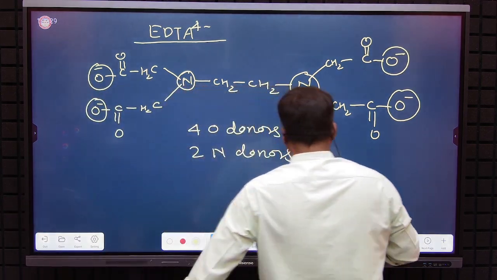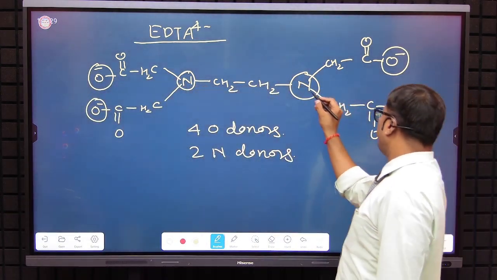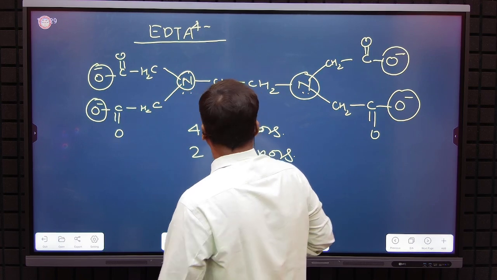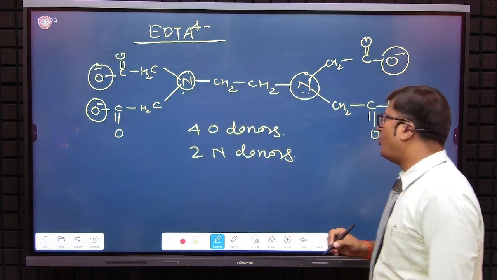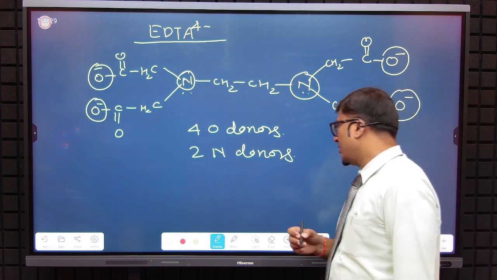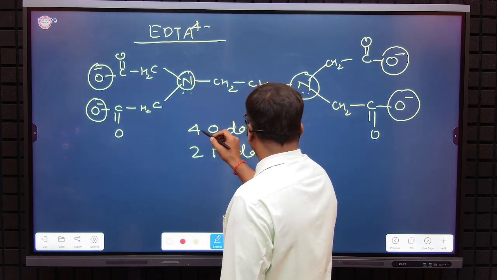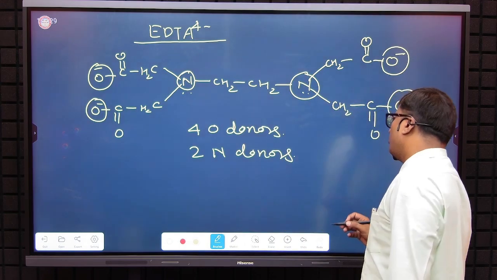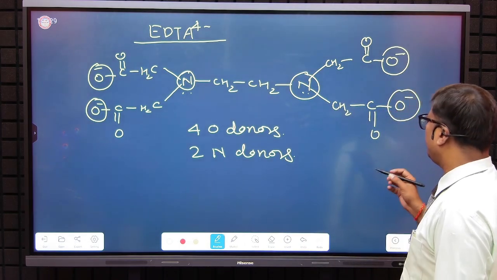As you know, because of the presence of a pair of electrons, these 2 nitrogens can form a coordinate bond with a particular metal cation, right? And these 4 oxygen donors can form a covalent coordinate bond with a particular metal center.